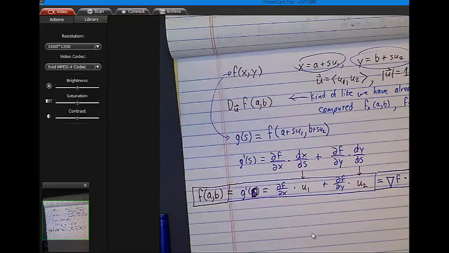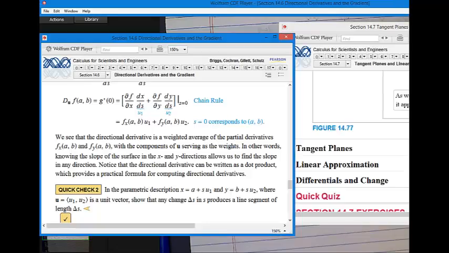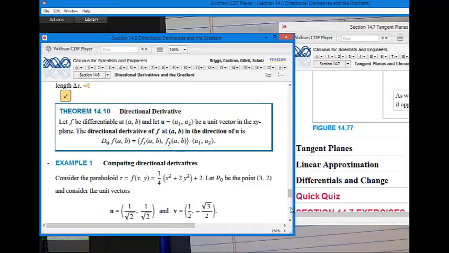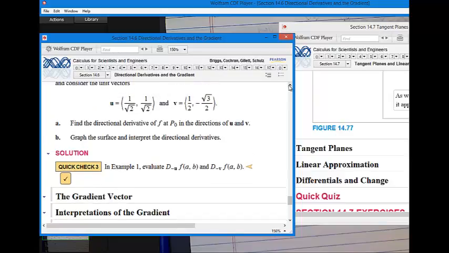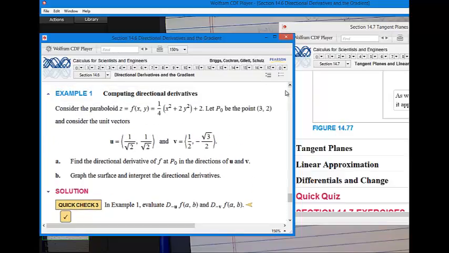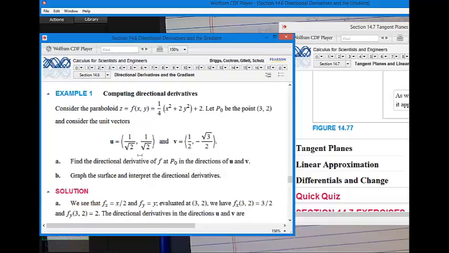All right. Picture. Graph the surface and interpret the... yeah, this is actually a nice picture in the book. Let's see this. So here's a function that's more complicated than the one we did. I'm not going to go through all the derivative calculations because you guys could do that.